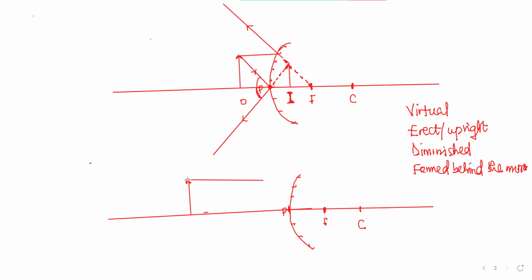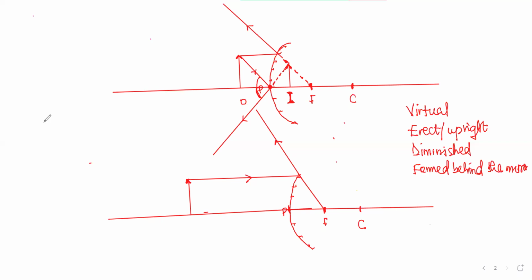A ray of light parallel to the principal axis would reflect, and the reflected ray will appear to be reflected from F. So this will be the reflected ray. So incident, this is a reflected.